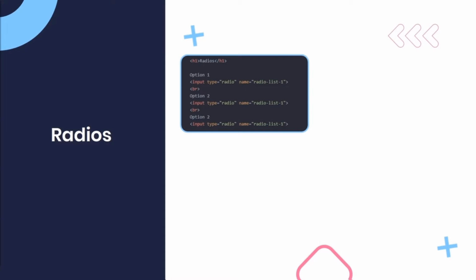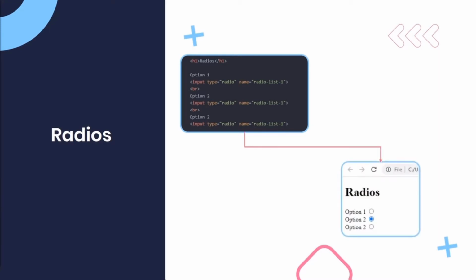So what we've essentially done here is we've grouped multiple radio buttons together, and then we associated it with the type of radio. Now if we look at the output for this, you'll note that unlike with checkboxes, you can only select one value from a list of values that share the exact same name. A typical example here could be something like an MCQ list for a questionnaire or a survey where the user can only select one particular value.